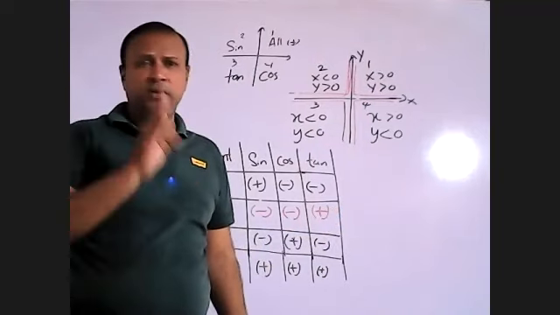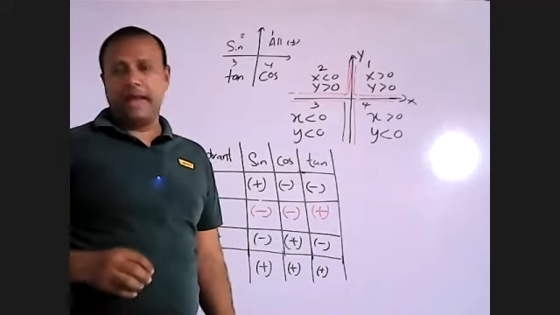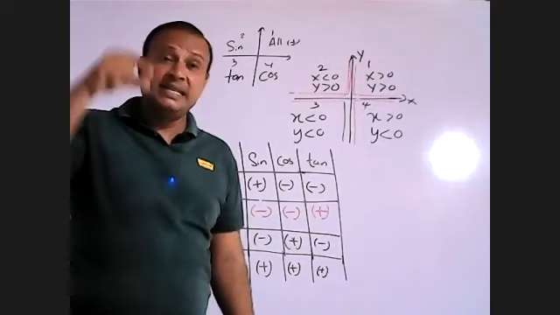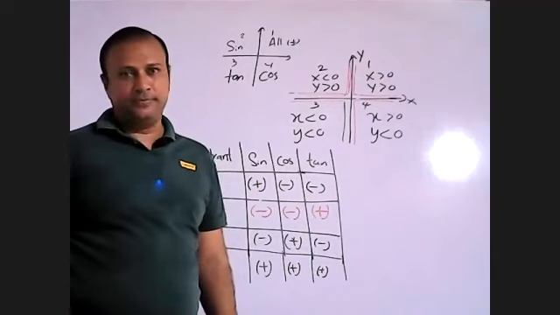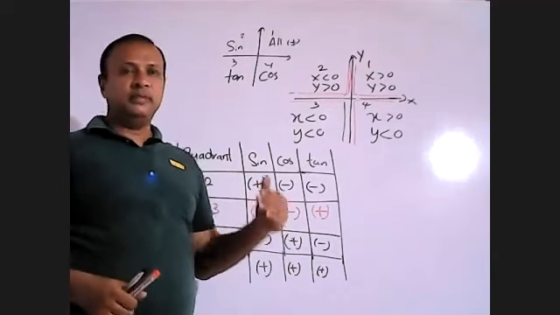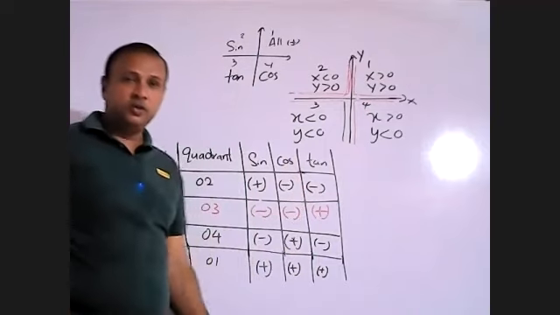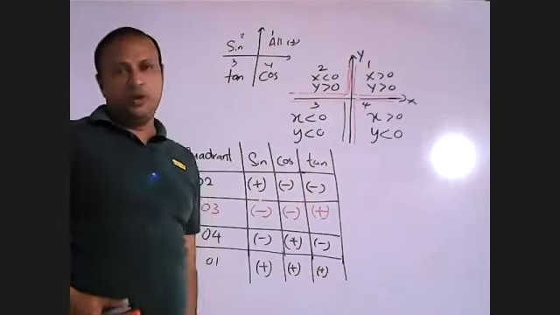The first thing you have to determine is the quadrant of this angle, because according to the quadrant, you have to assign the sign for the particular trigonometric ratio.